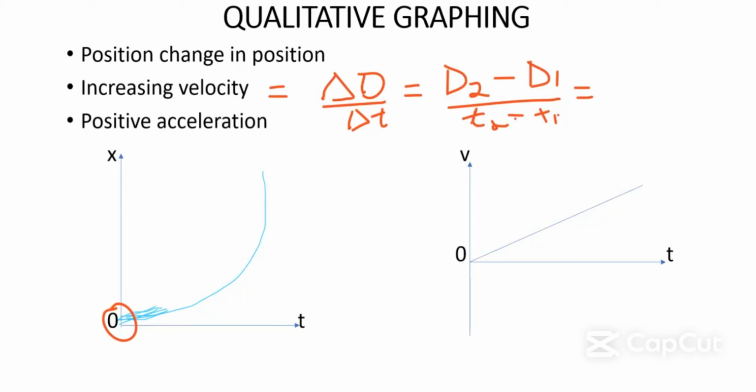So let's assume d2 here is 5, and d1 is 0 over, then t2 is, let's say, 2, and t1 is 0. This will give us both positive value, that will be 3 over 2.